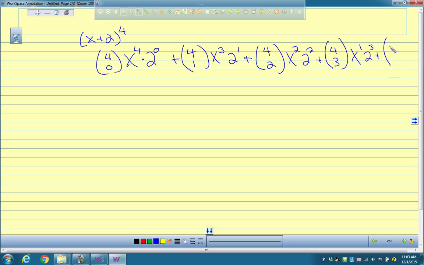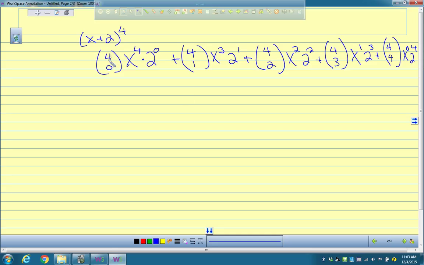Plus 4 combination 4, x to the 0, 2 to the 4. Notice that if this number is 4, you're going to have 5 terms. If that number is 5, you're going to have 6 terms, because you have a 0th term and then you have 1, 2, 3, 4. It goes up to 4.